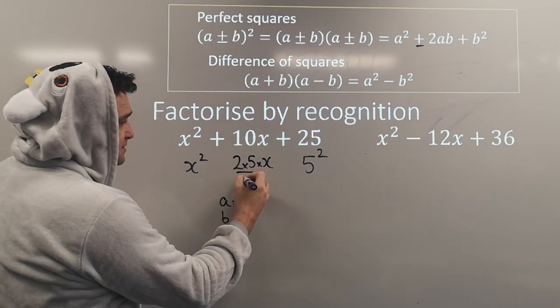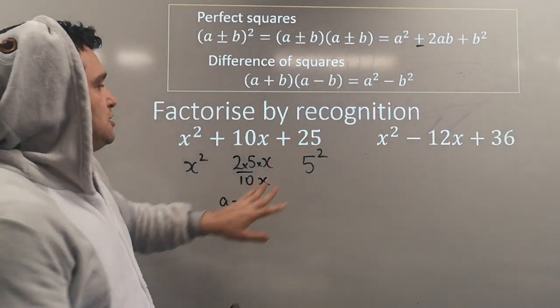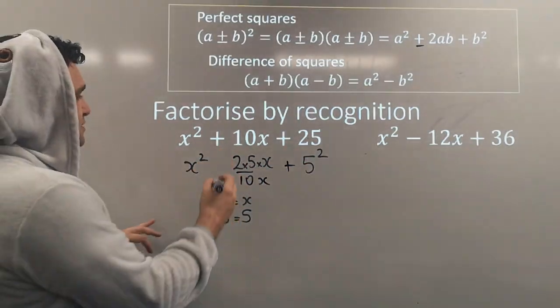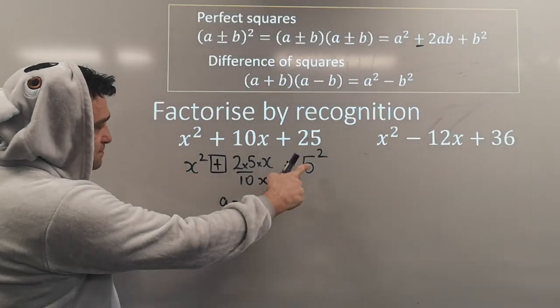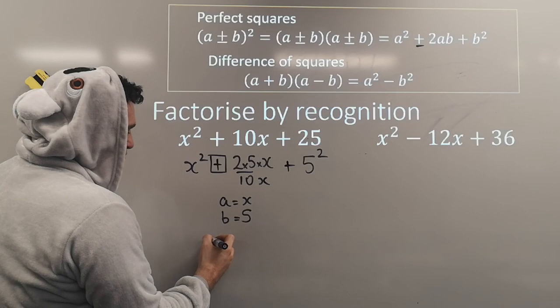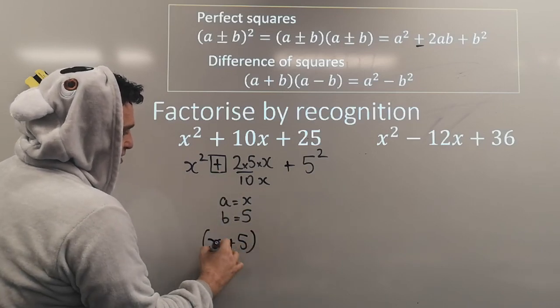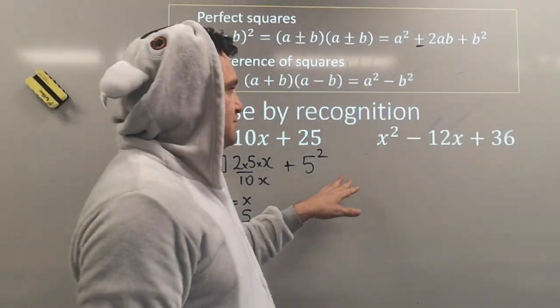Yep, 2 times 5 is 10, so everything's working out. We've got our positive at the end here. Now, is this a positive or a negative? It's a positive. This is our key term, so therefore it's all working out. So we're going to say we've got x plus 5 squared.